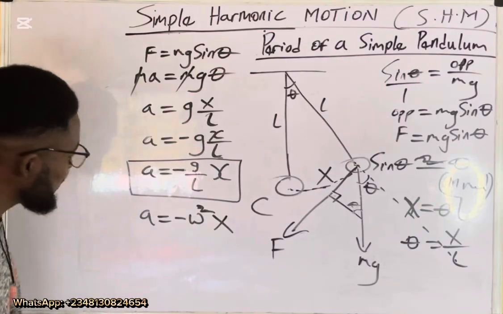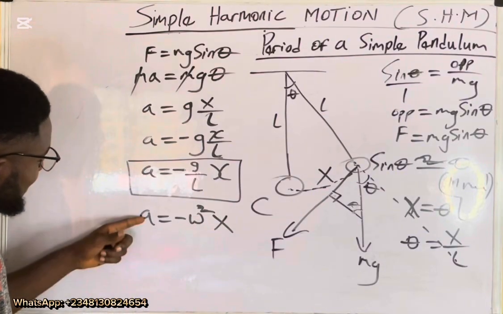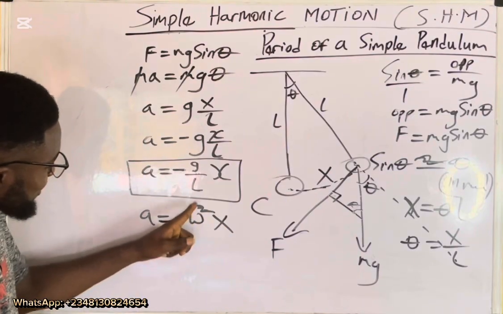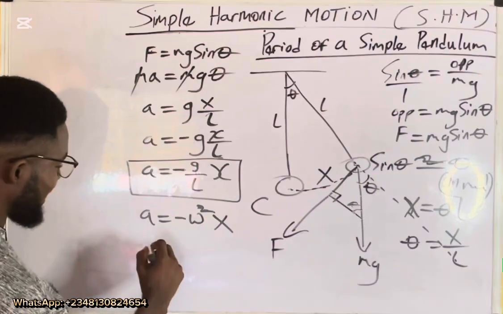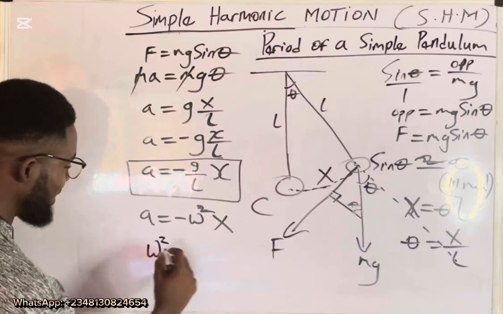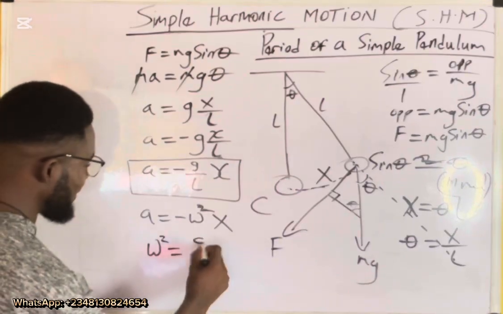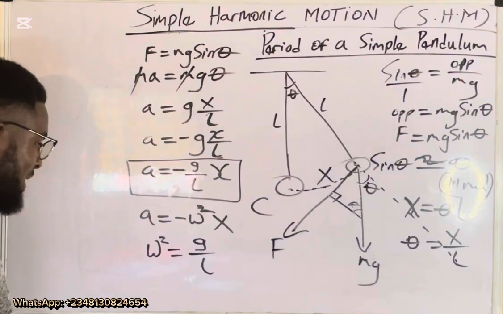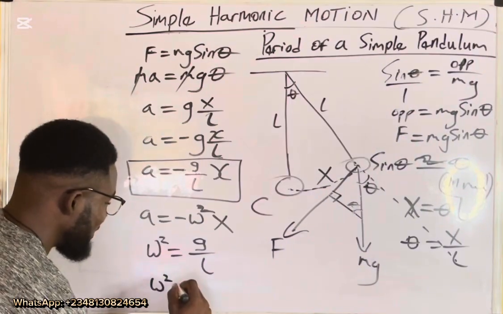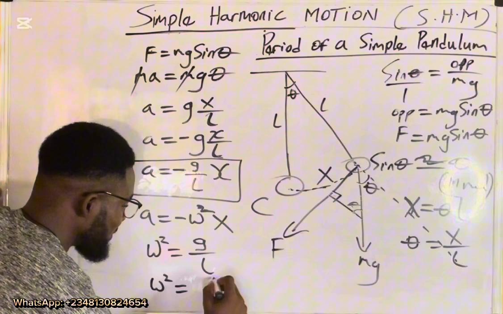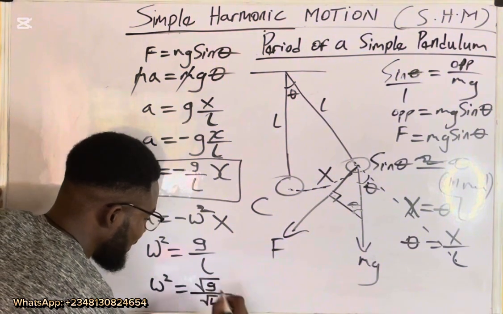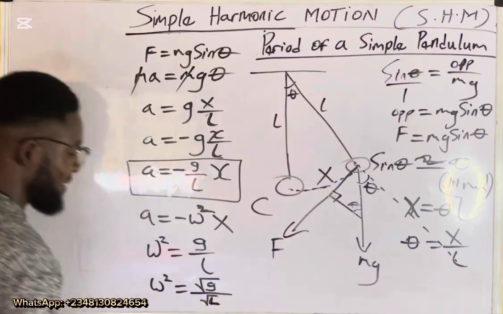If we compare these two, we discover that a equals a, x equals x, then omega squared is equal to this. So therefore I can say that angular speed raised to the power of 2 is equal to g over length. So omega squared is equal to g over length.